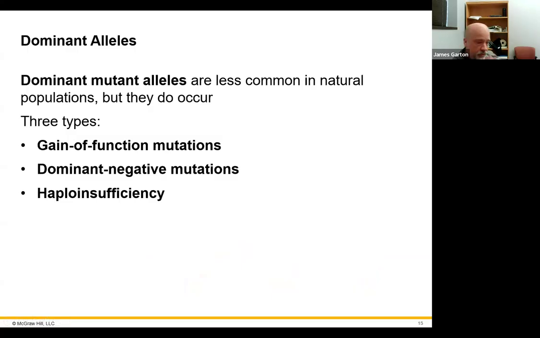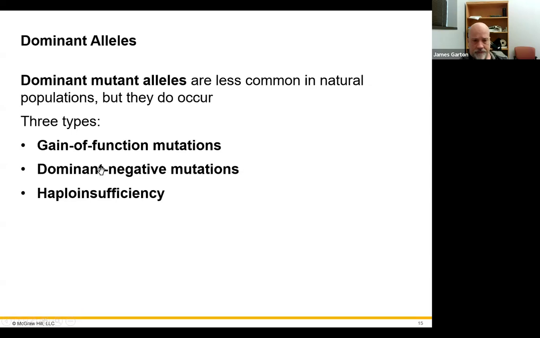Now, some mutations are dominant. And they're much more rare, but it is not unheard of. And there are at least 3 types. Gain of function is the easiest to explain.